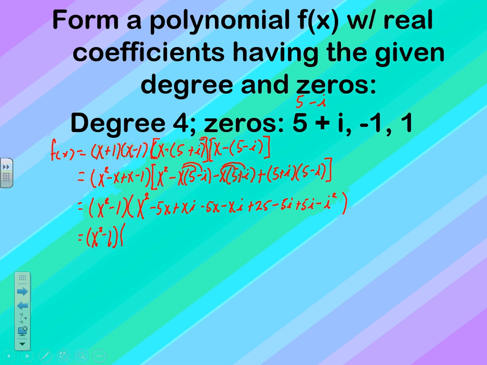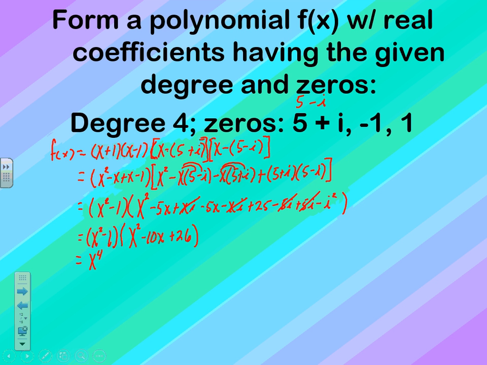Combine all of your like terms in the parentheses on the right. There's no other x squared term. Negative 5x and negative 5x gives me negative 10x. The xi's cancel, and the negative 5i and the positive 5i cancel, and i squared is the same thing as negative 1, so minus negative 1 gives positive 1, and 1 plus 25 is 26. Now I can multiply the 2 expressions together and see what we get.